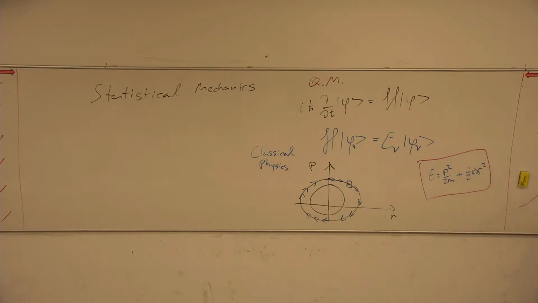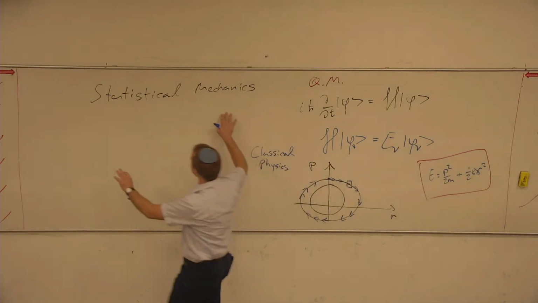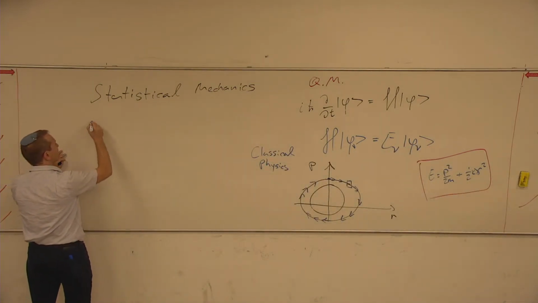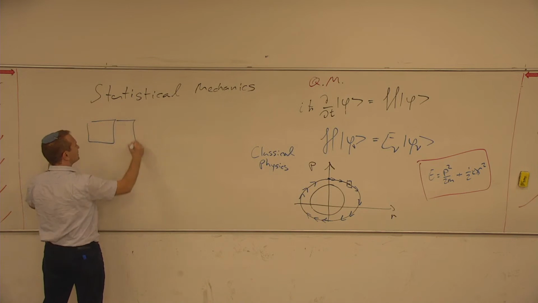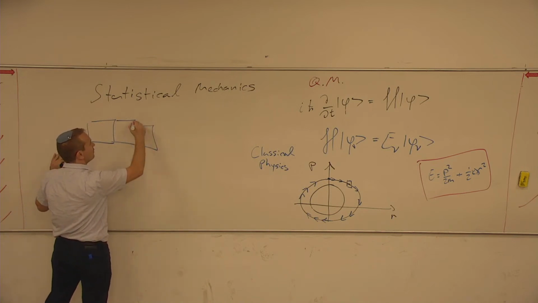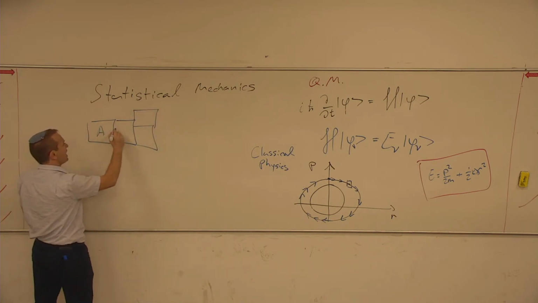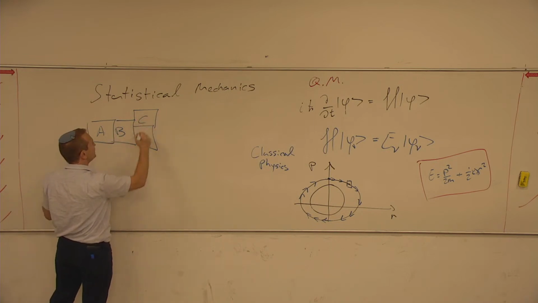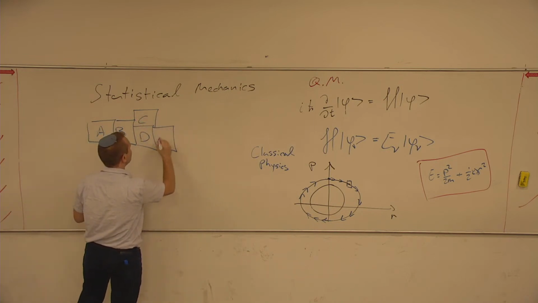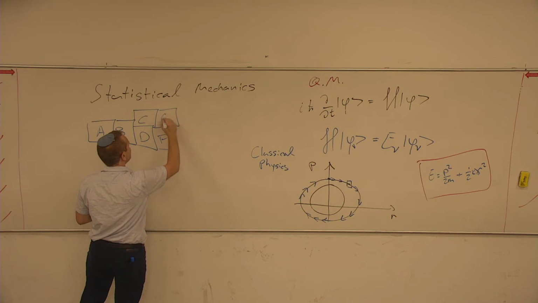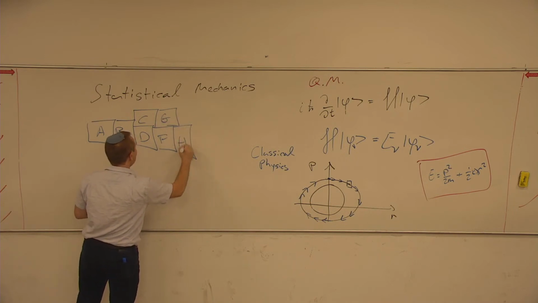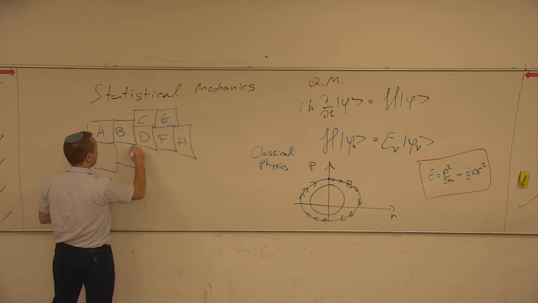Now, where am I trying to get you? My understanding of statistical mechanics is that I think about different bricks as states of the system. So I have A, B, C, D, F, G, and whatever alphabet letters I have.